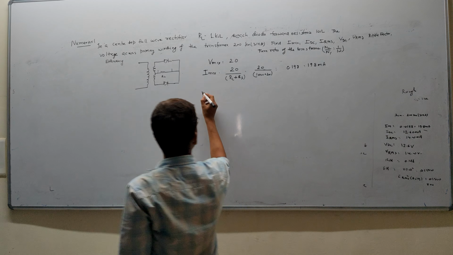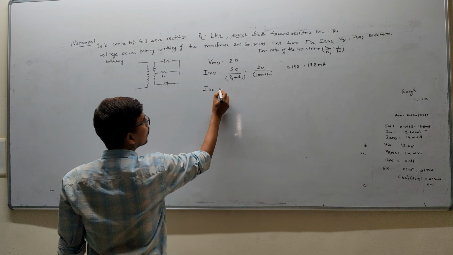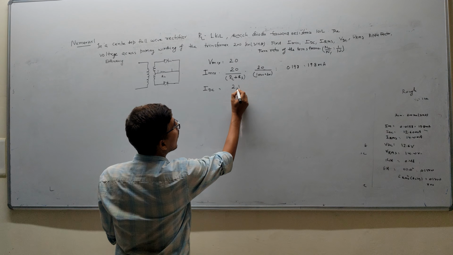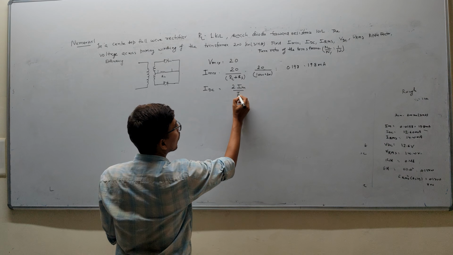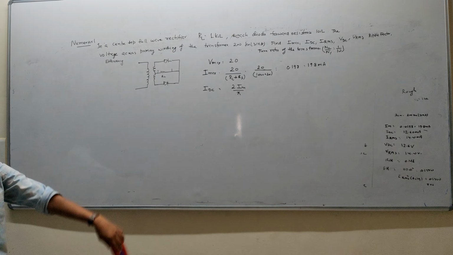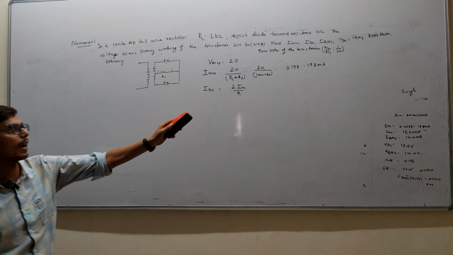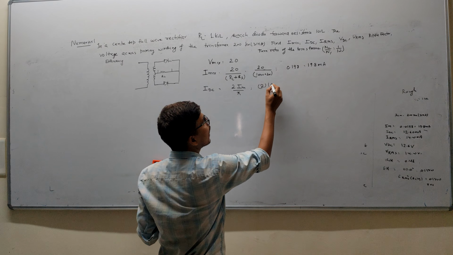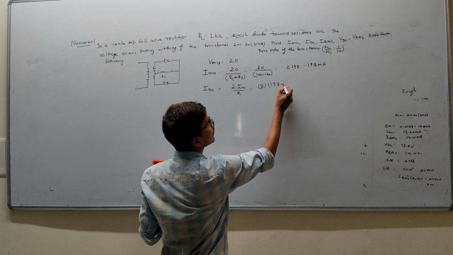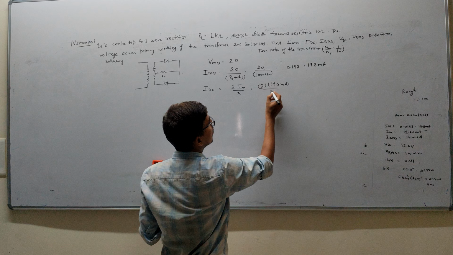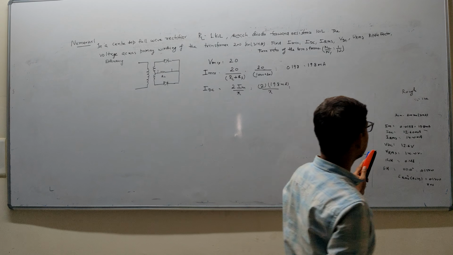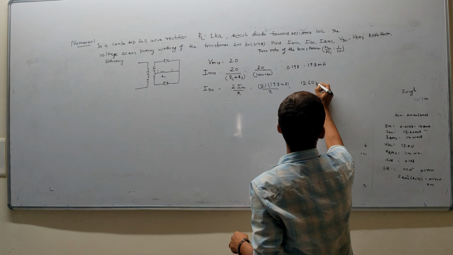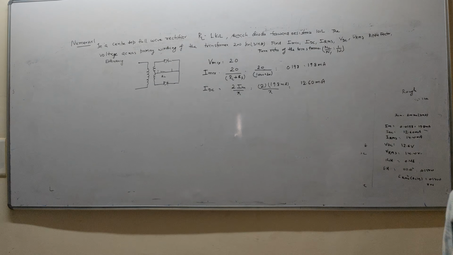For a full wave rectifier, IDC is 2 Im by pi. For a half wave rectifier it was Im by pi; in a full wave rectifier it becomes double. So 2 times 19.8 milliampere, 10 to the power minus 3, upon pi. It comes out to be 12.6 milliampere.